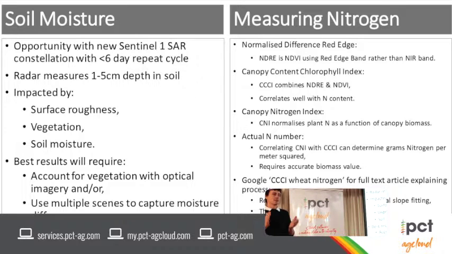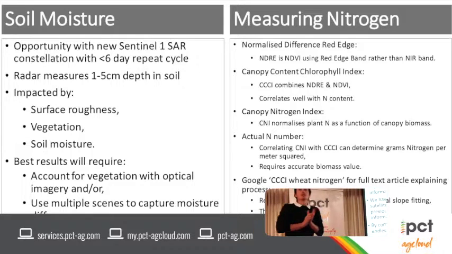But it's an exciting development, and there's a lot of research being done about it. But this comment down here, if it's something you're really interested in, there's a really good full text article about measuring nitrogen in wheat crop.